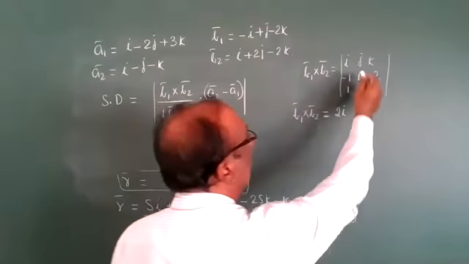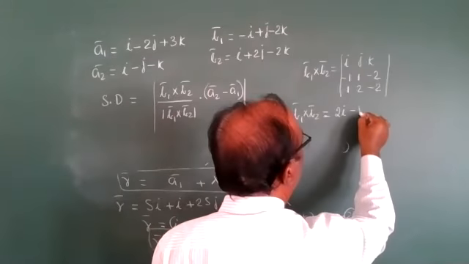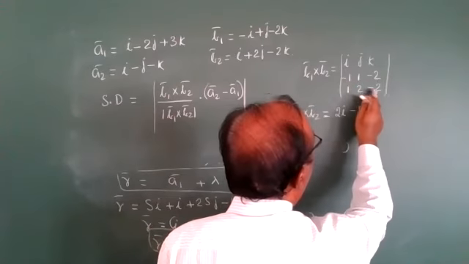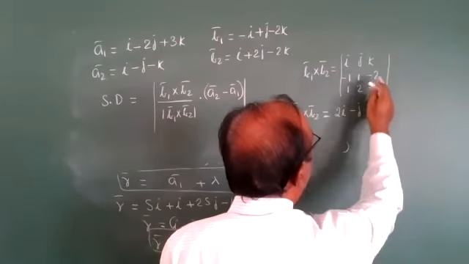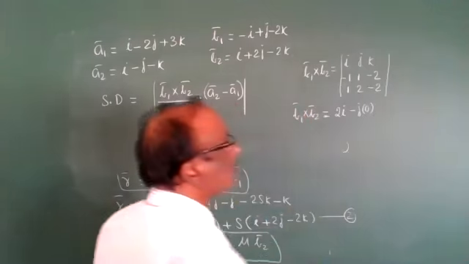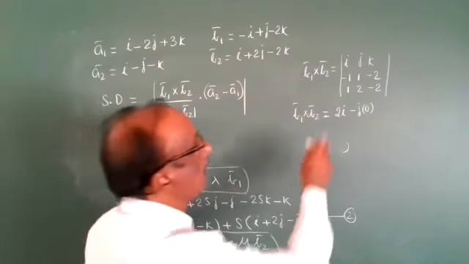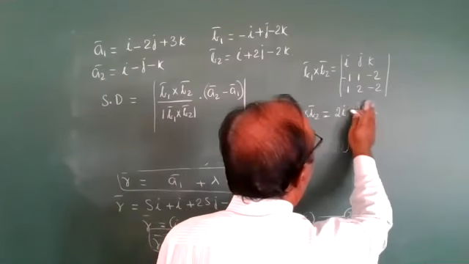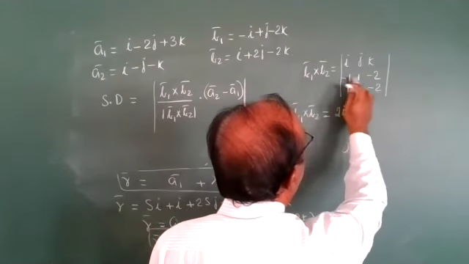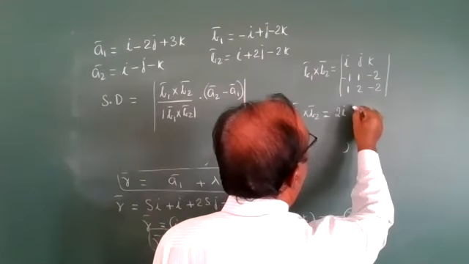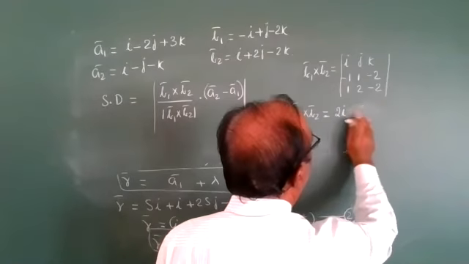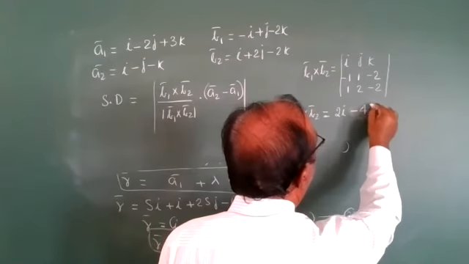Minus j times 2 plus 2, that is minus 4j.